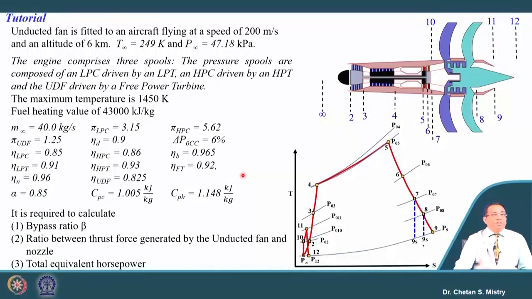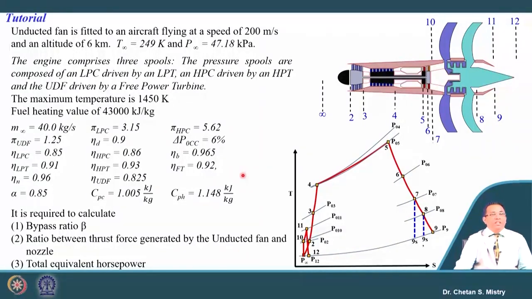LP compressor efficiency is 85%, HP compressor efficiency 86%, burner efficiency 96.5, LP turbine efficiency 91%, HP turbine efficiency 93%, free turbine efficiency 92%, nozzle efficiency 96%, and efficiency of unducted fan 82.5.